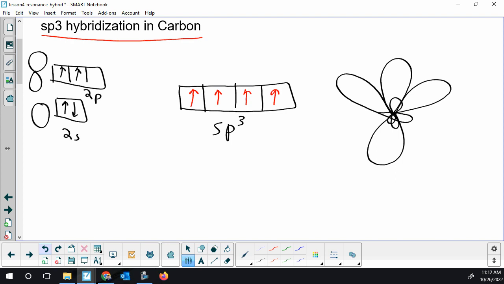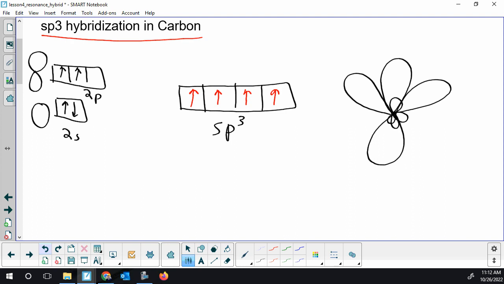And there's the fourth. So we end up with 4 orbitals, big lobe, little lobe. They're all the same, but they're not perpendicular to each other; they're spread out as far as they can in 3-dimensional space.